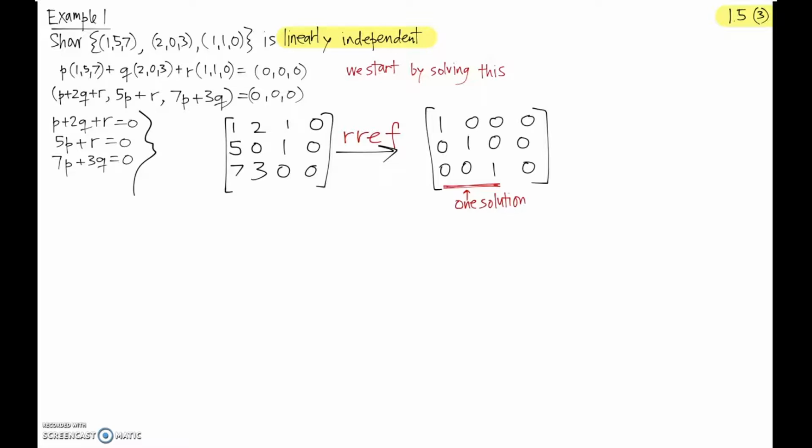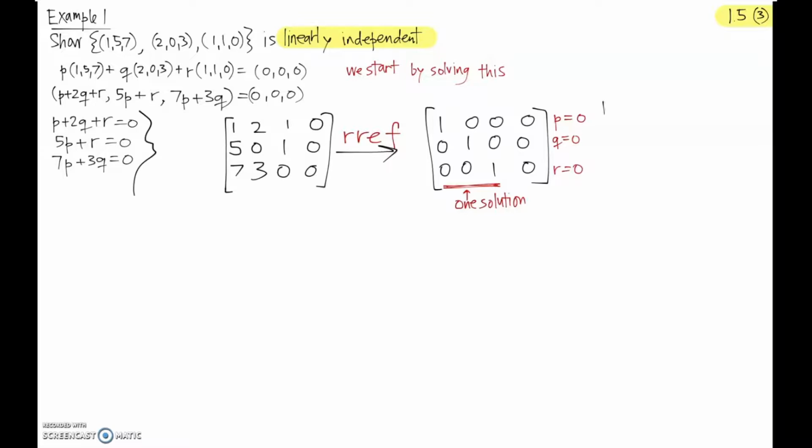The solution I'm getting is P equals 0. This first line tells us P equals 0. Then we know that Q equals 0. And reading this third line, R equals 0. And we have one solution. There's not multiple solutions here. It's just that one solution.